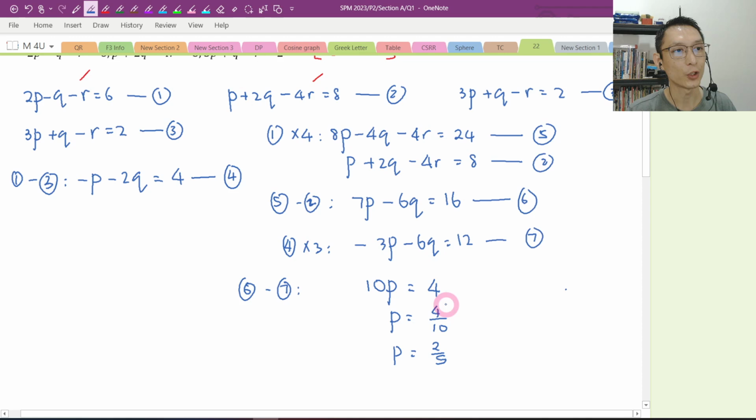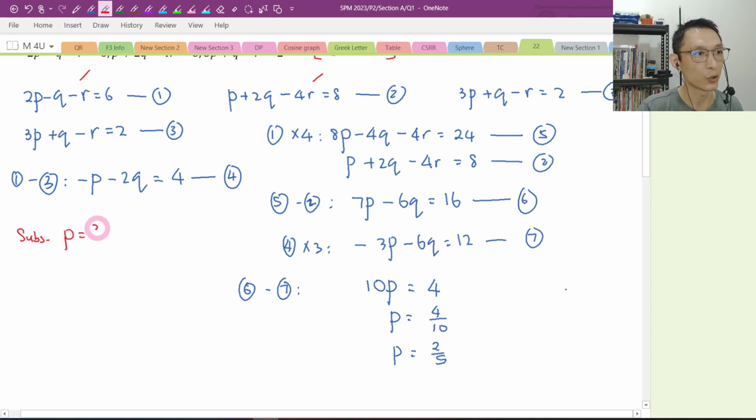So I am going to take this value, substitute it into the fourth equation. Substitute p is equal to 2 over 5 into the fourth equation. So I'm going to copy everything here. Just change the p to 2 over 5.